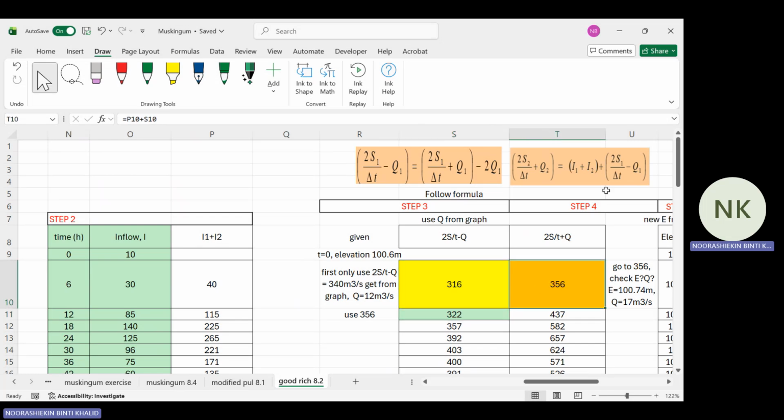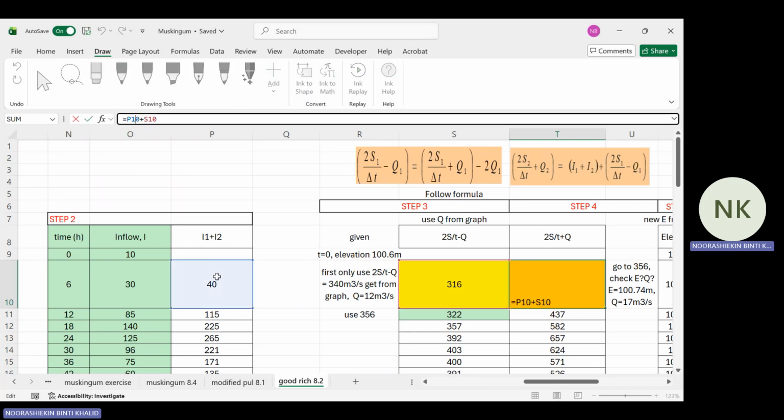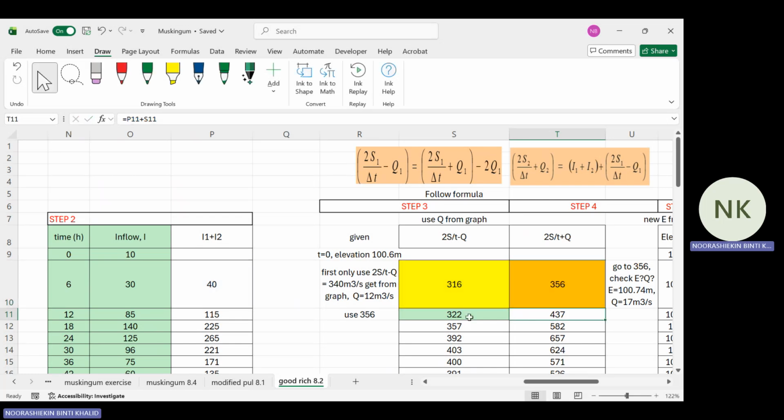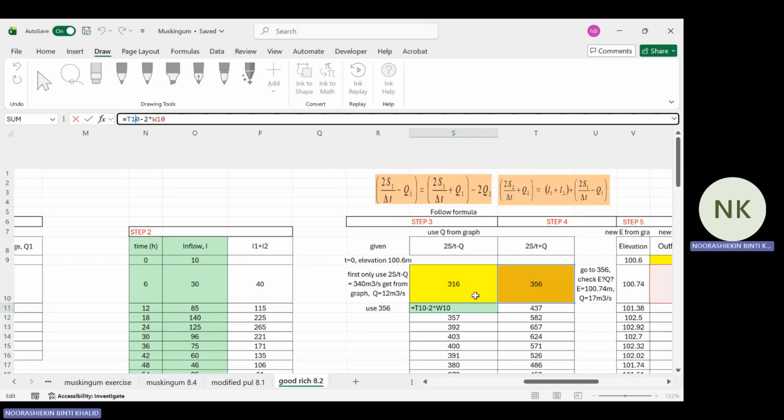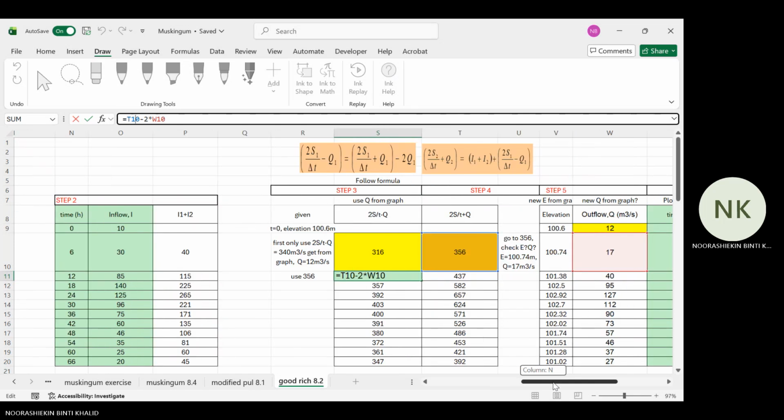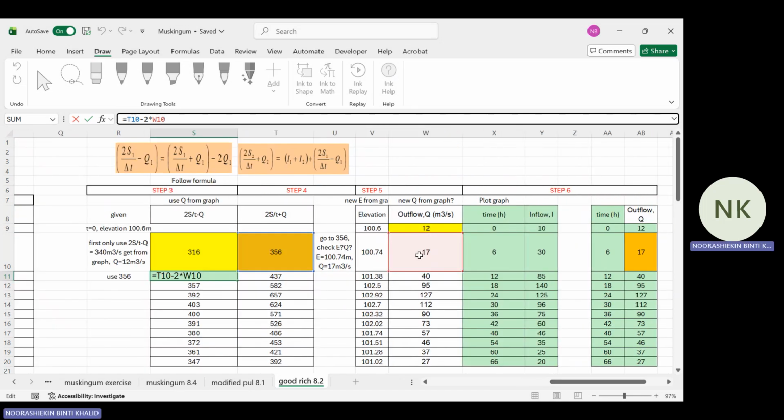So the next, 2S divided by T plus Q is equal to this equation. So I just add this one and this one. And then the process is repeating. Just use this equation, repeating, 2S over T minus Q, this one, minus Q, this one.